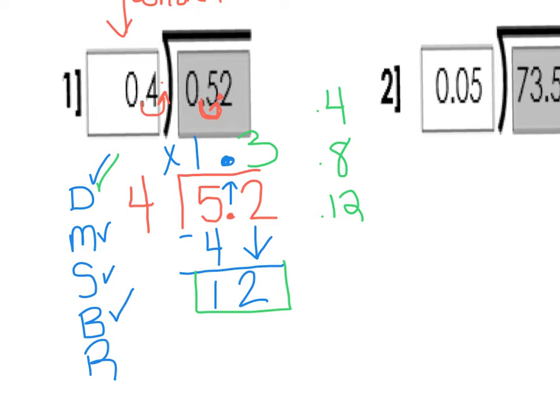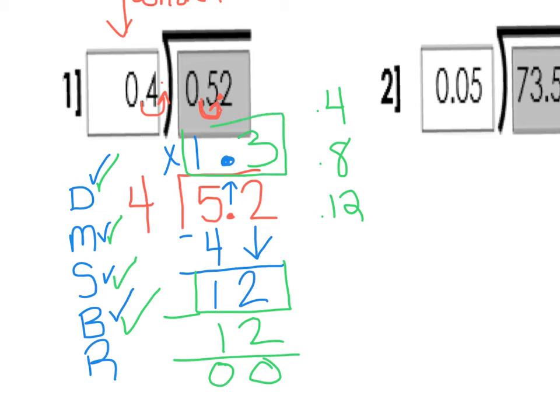Now that we divided, we're going to multiply. 4 times 3 is 12. We're going to subtract. 2 minus 2 is 0. 1 minus 1 is 0. And there's nothing left to bring down, and we've zeroed out, so we are done. The answer is 1.3.